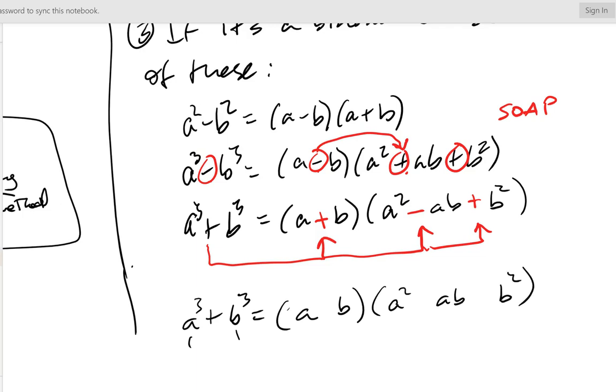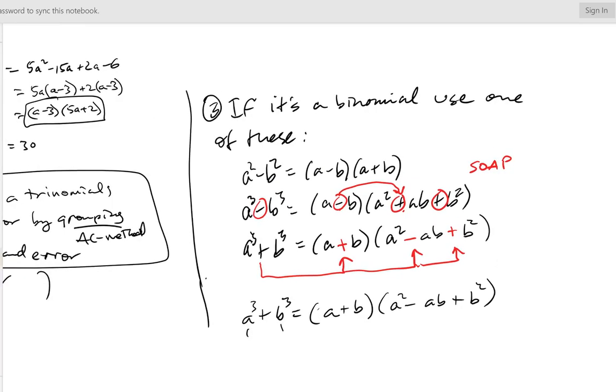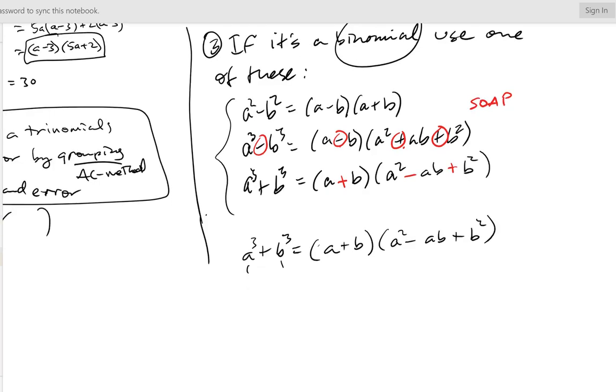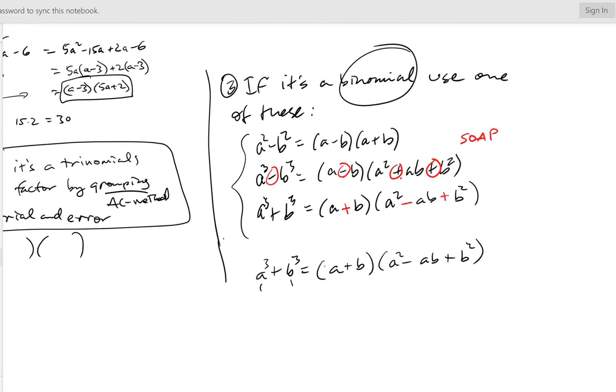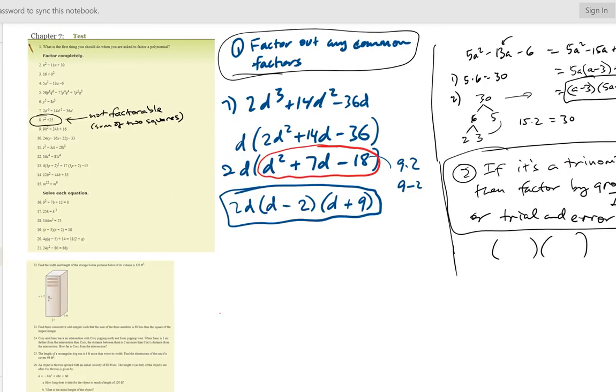If you can memorize that, then it's same, opposite, always positive. That's how you do it. So regardless, if it's a binomial, you use one of these 3 formulas, all right?